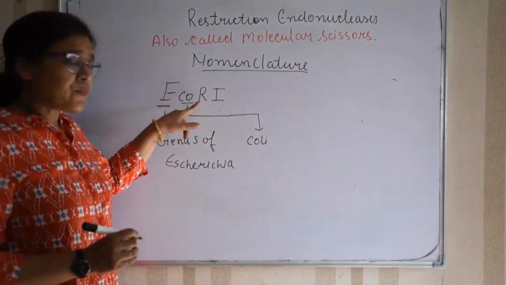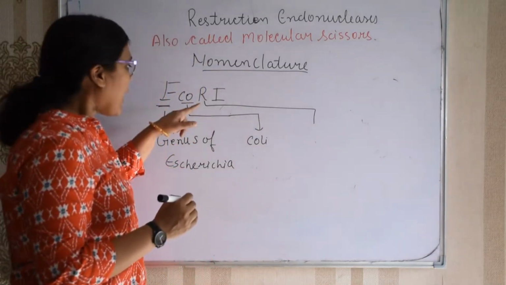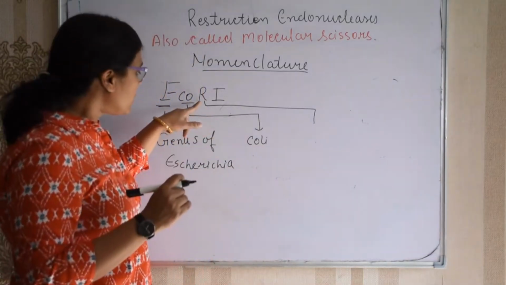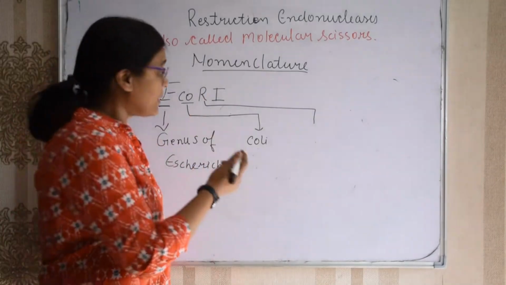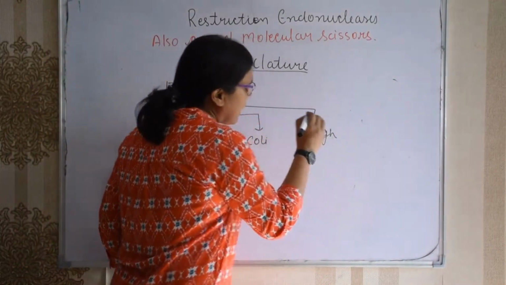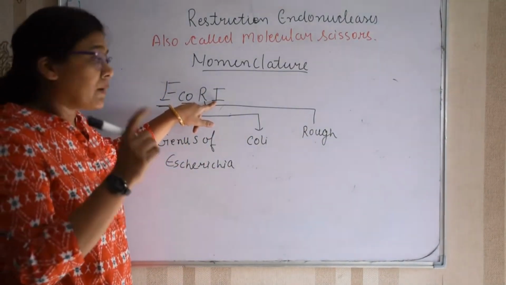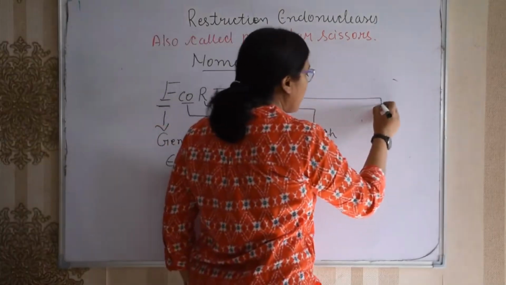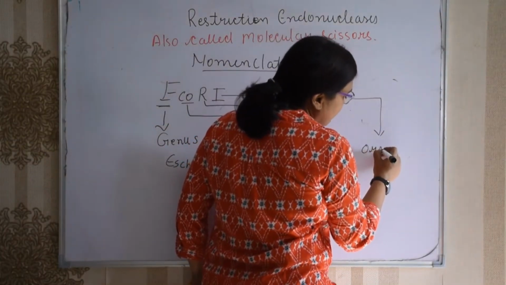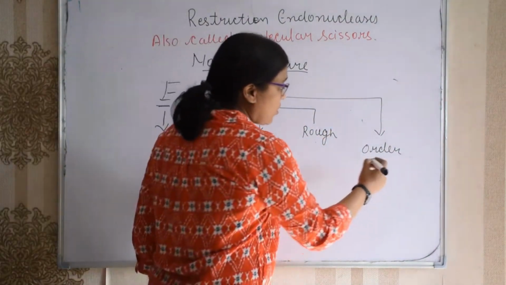And R stands for the strain, that is the rough strain, and for denoting it, a capital letter is used. So R stands for rough. And the last, the Roman numeral I, stands for the order in which the enzyme is isolated.